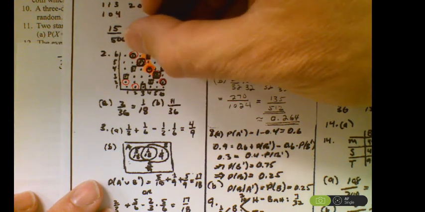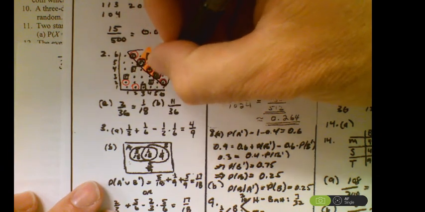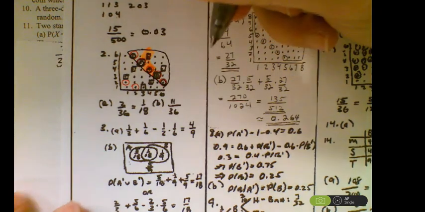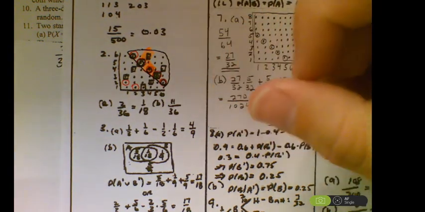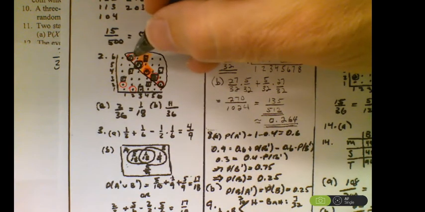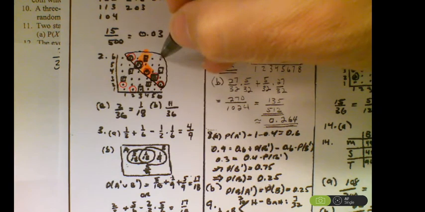This one said a sum of 8 or more, so we're looking at all of those cases that have a sum of 8 or greater. If I add all those up and put it out of 36, you're looking at 5 plus 4 plus 3 plus 2 plus 1. If you add those up and put it out of 36, that would give us our answer.